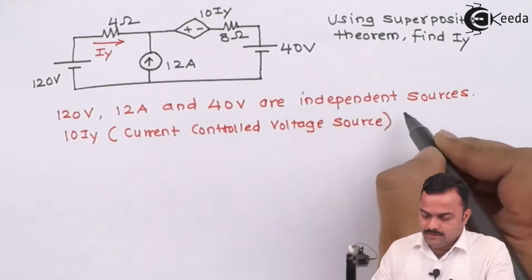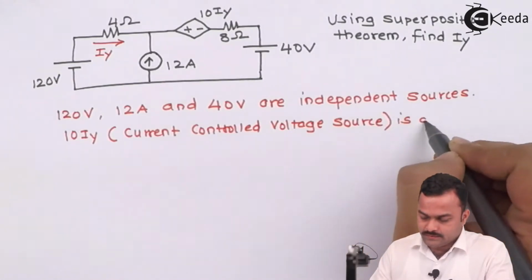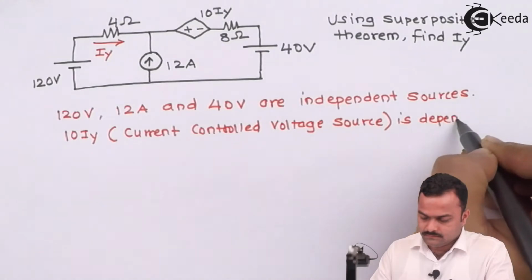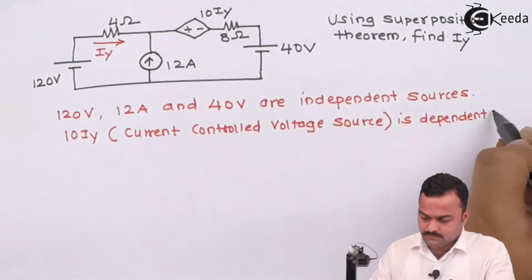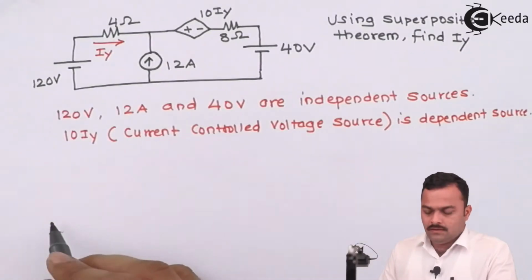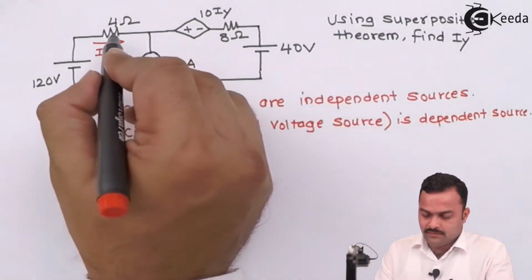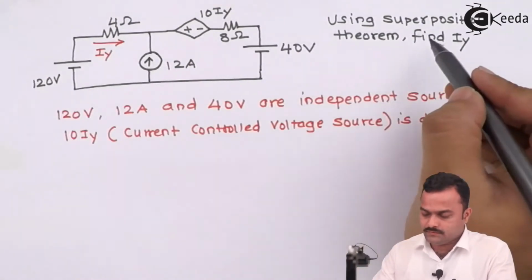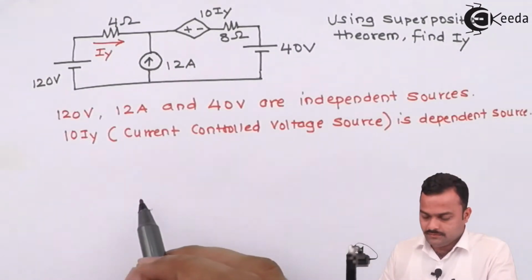So this is the only dependent source present. And this depends upon this current IY which is flowing through 4 ohm. That's what we're supposed to find out also.